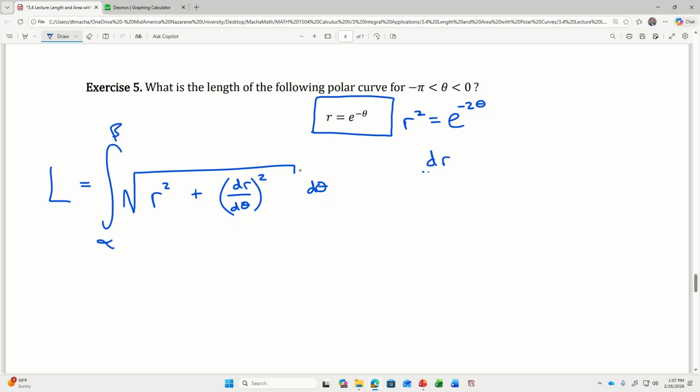What is dr d theta? Very good. So if I had dr d theta squared, what would that be? Awesome. Yep, the negatives go away when we square it.